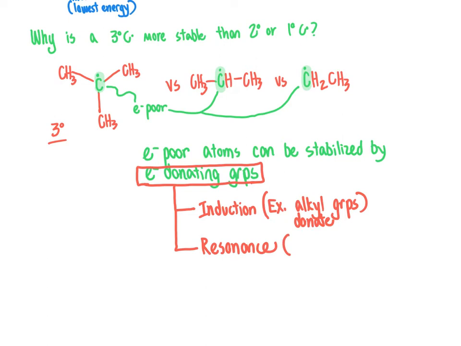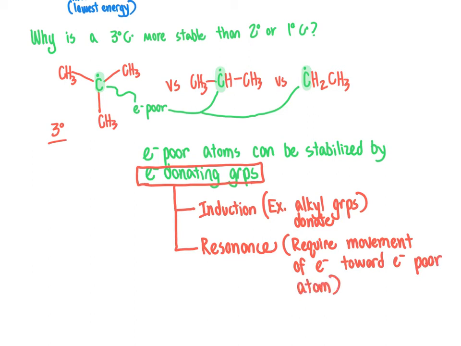So resonance is going to require the pushing of electrons, or the movement of electrons, to write Lewis structures that show electron density moving toward the electron-poor atom. And so if you could draw a second resonance structure that showed electron density moving toward the free radical location, that is going to indicate that electrons are being donated and the molecule is being stabilized by resonance.